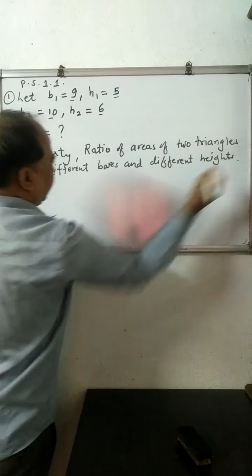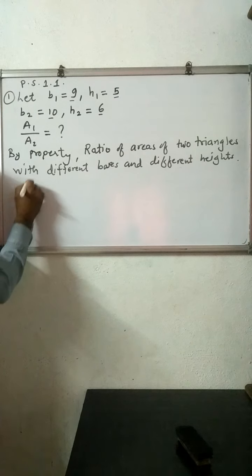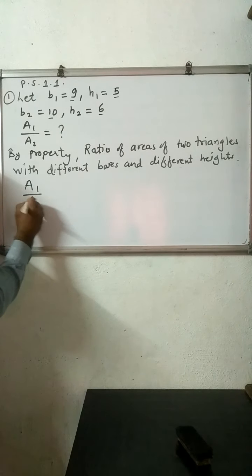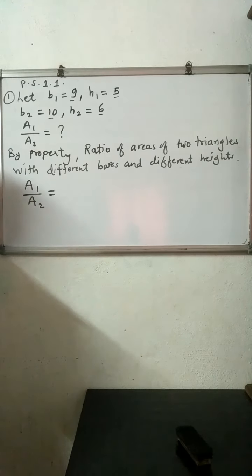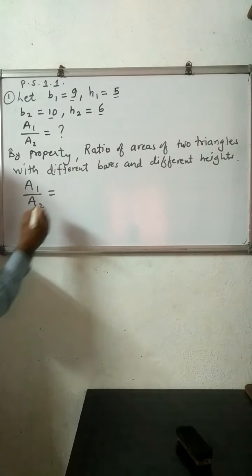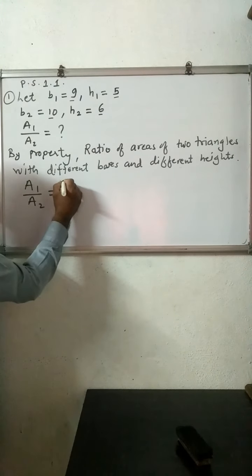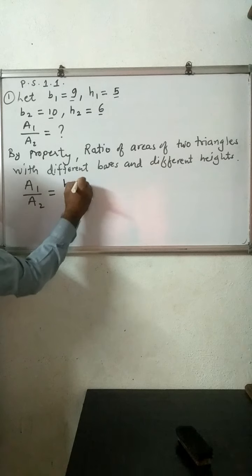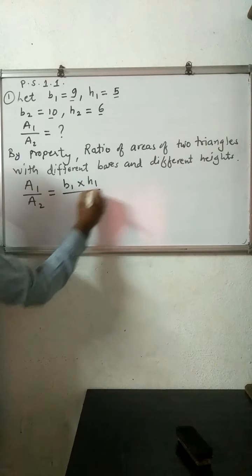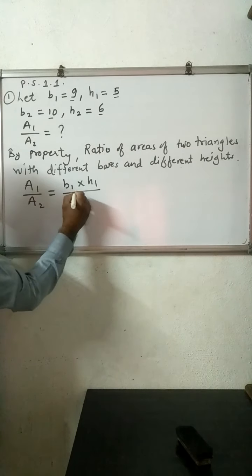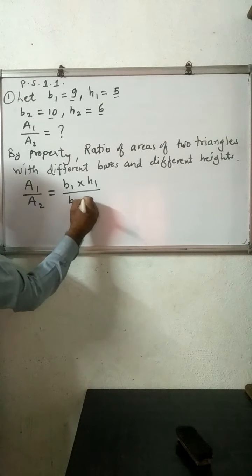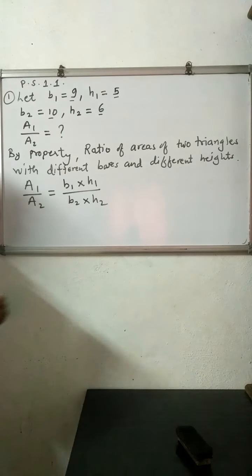So the first property: the ratio of area of two triangles with different base and different height is equal to the ratio of the product of their corresponding base into height, so B1 into H1 upon B2 into H2.